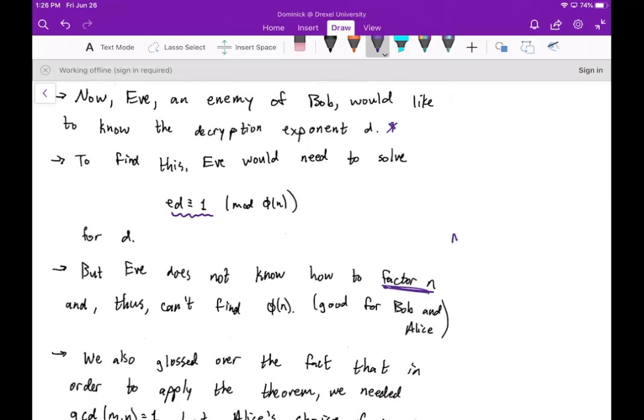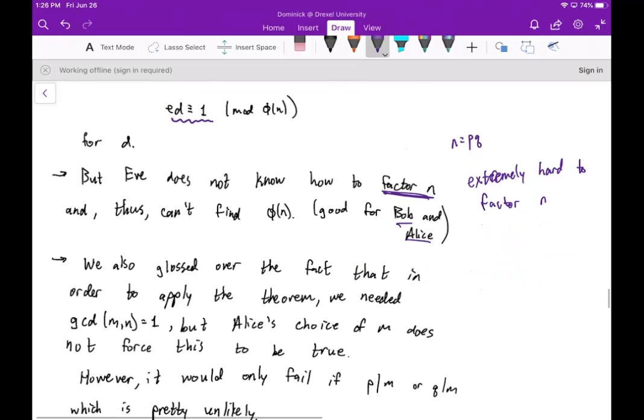And since n is made up of two extremely large prime numbers, it's very hard to factor n. Right? And then since it's extremely hard to factor n, it would be hard to find phi of n, which of course is good for Bob and Alice because they want to protect their message.